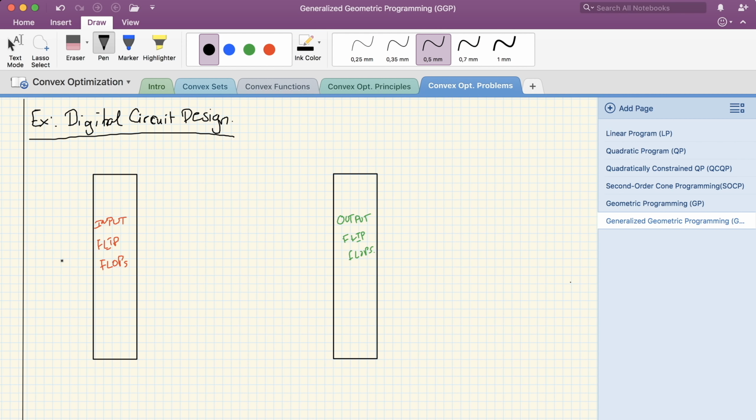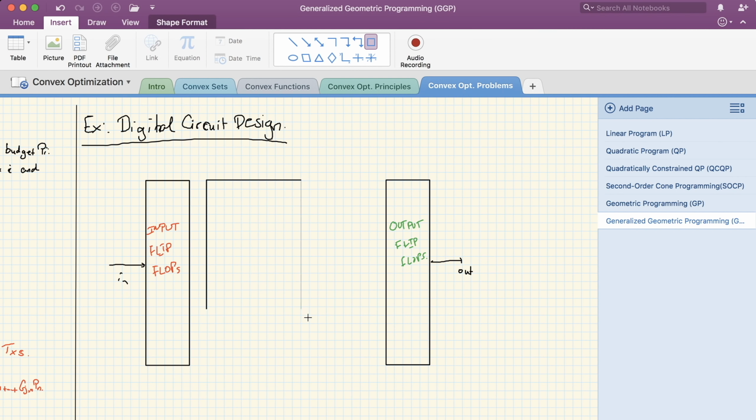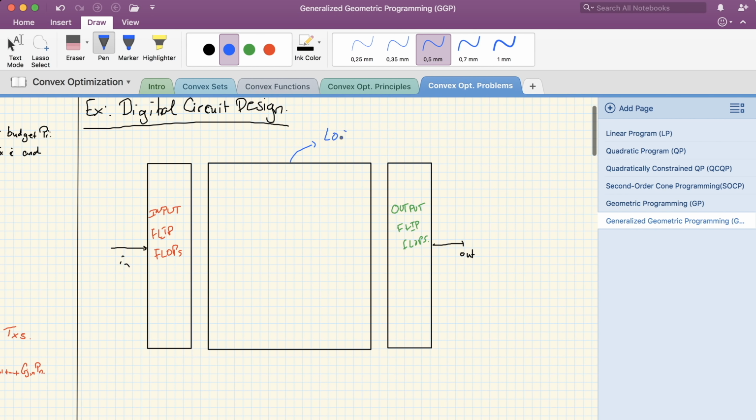So my input is here, and over here I've got my output. Now, what's in between is a combination of some logical blocks, some certain gates. So let's say right here I've got a logic block, composed of smaller logic blocks. Let's say I've got a gate right here, a gate right here, 1 here, 4, 5, and a 6. Okay?